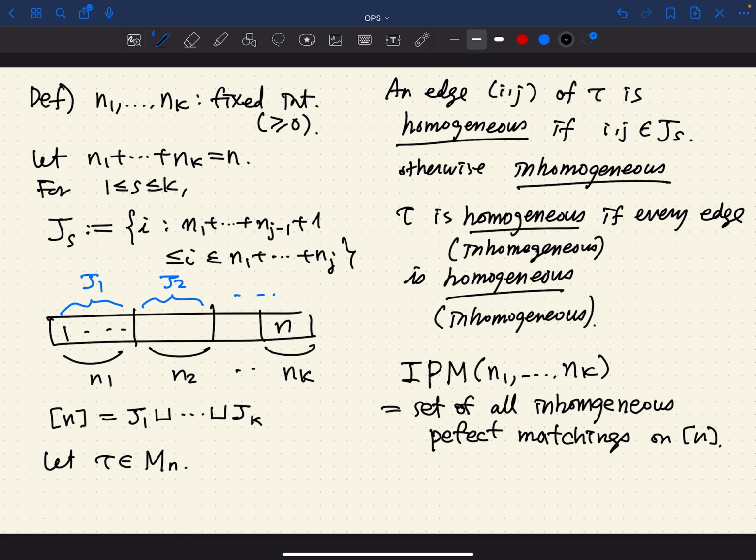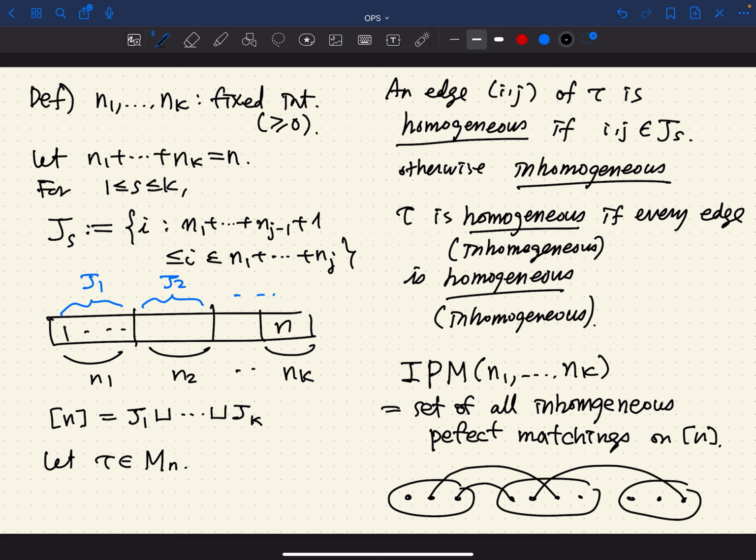So a typical example of an inhomogeneous perfect matching looks like this. It's going to be a perfect matching, so this must be connected to something outside. An inhomogeneous matching looks like this, for example. So you have to connect something that's not in the same group. So this is not homogeneous.